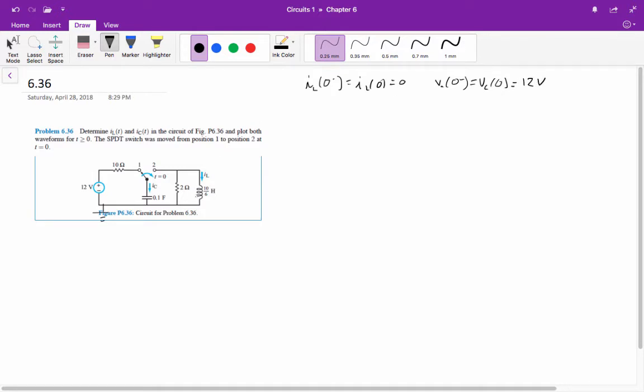Okay, so now let's look at what it looks like at time t equals 0. So we're connected here, and we've got a capacitor and a resistor in parallel. So we will transform this to the S domain, and let's take a look at the transforms that we want to do if we're in parallel.